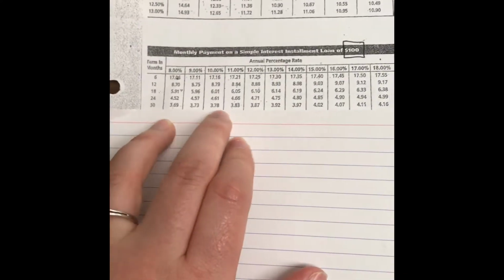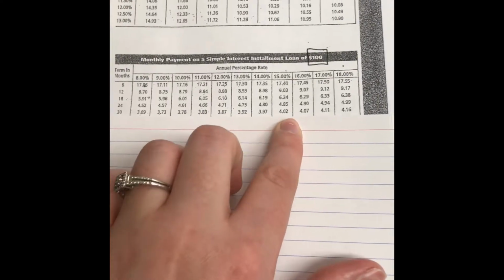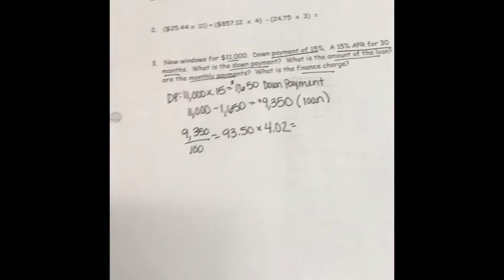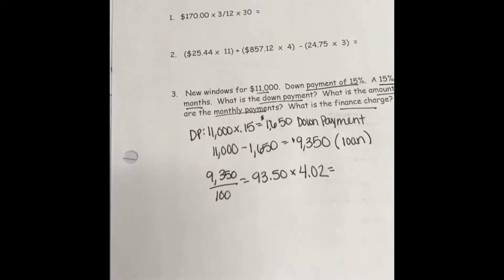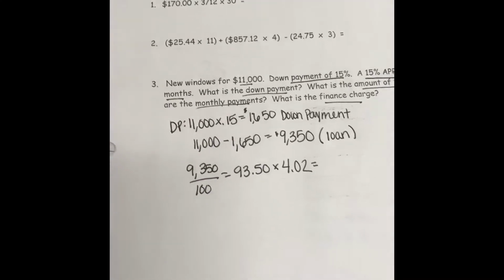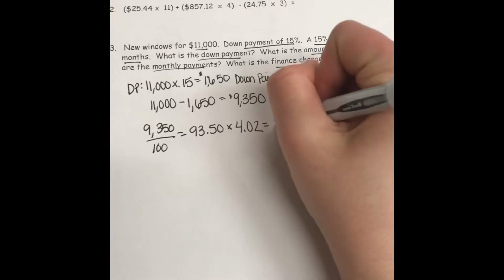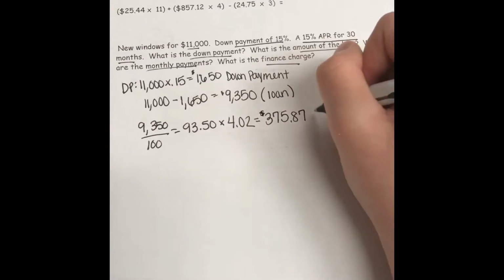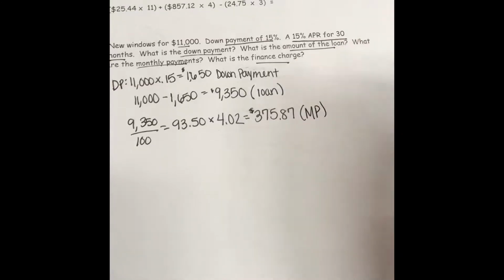So I got my 30, 15% is 4.02. And I'm going to multiply those. And that is $375.87. This is my monthly payments.